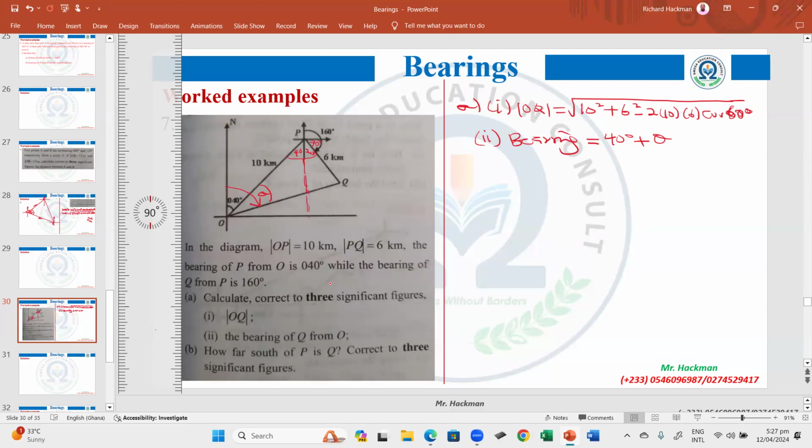It's Q. So how do we connect the two? I'm waiting. How far south of P is Q? Hey, am I recording? Yes. Okay, so I'm waiting.